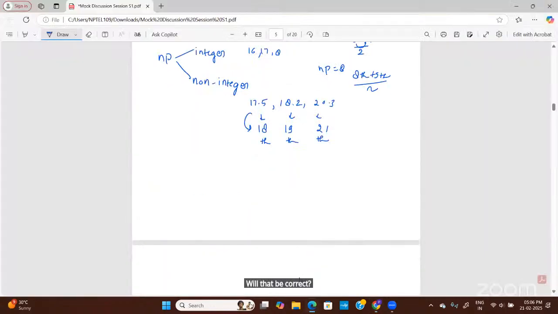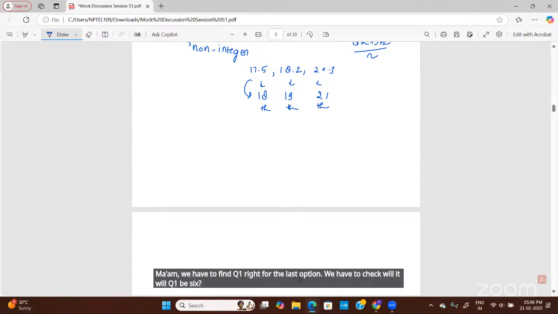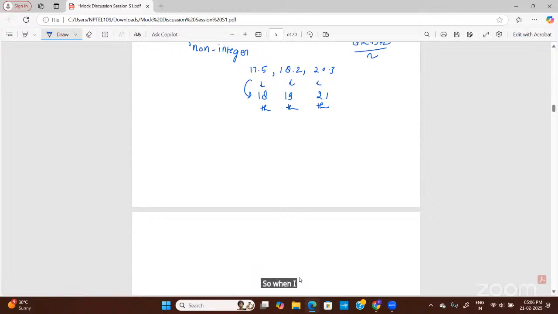What calculation are you doing? Instead of 70, I am multiplying it with 4. We have to find Q1, right?